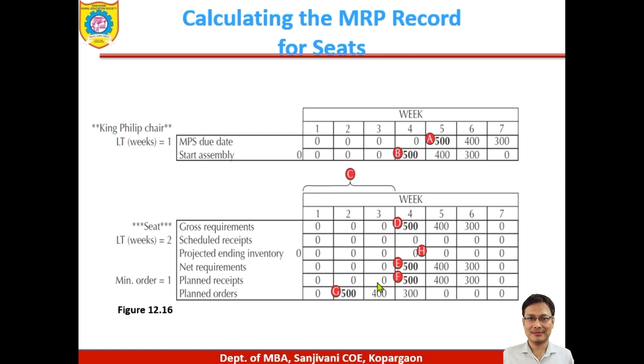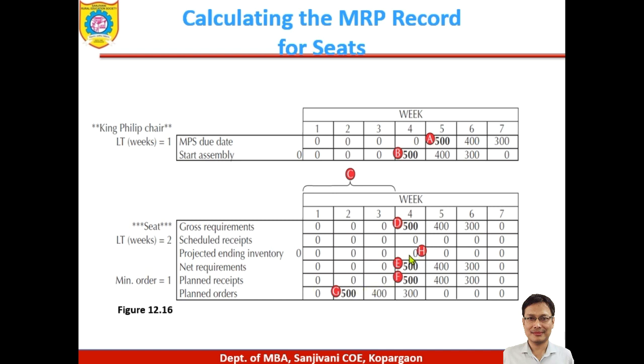It depends upon the next consideration, which is the net requirement. The gross requirement is 500, but we have to find out whether we have any projected ending inventory in the previous week, that is week number 3.